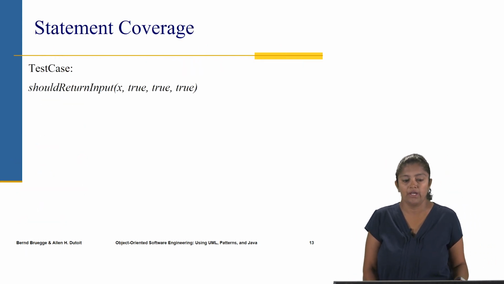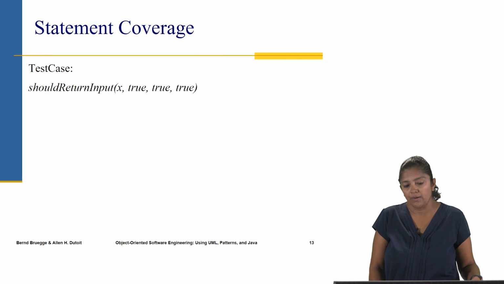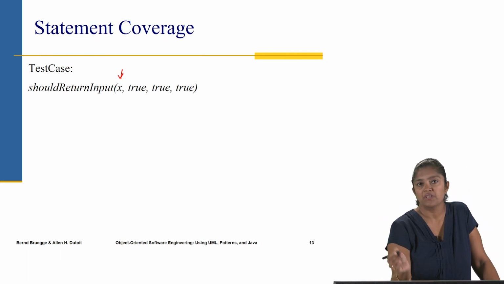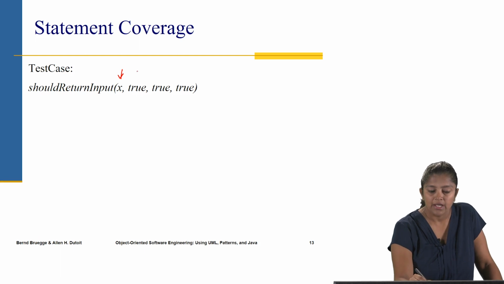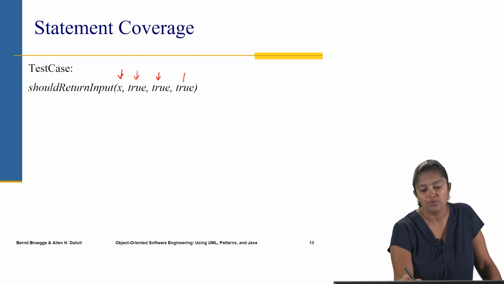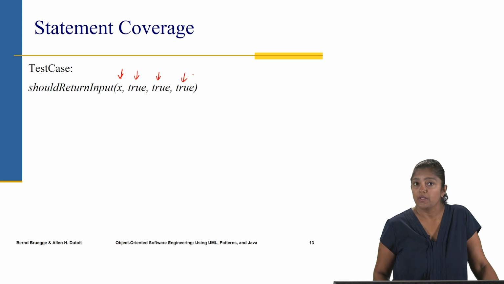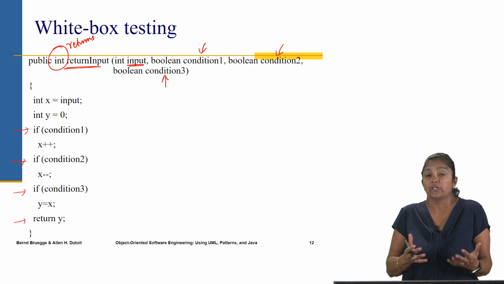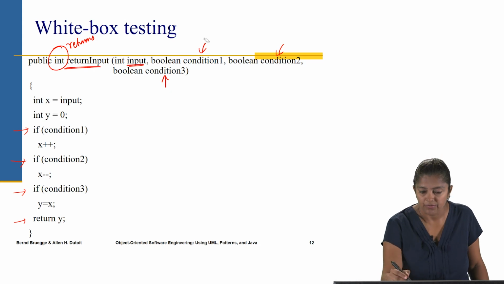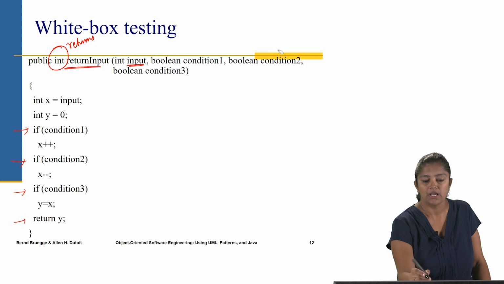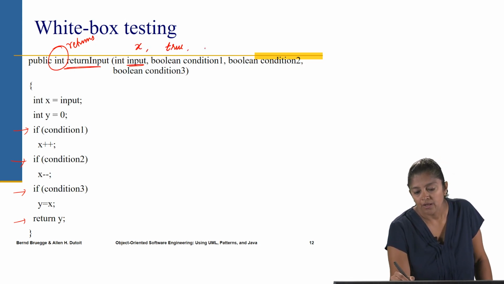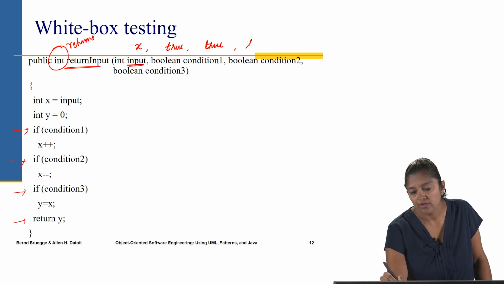Now say we have a test case wherein we are passing some integer x, and for the 3 conditions we're passing true, true, and true. Let's go back to this method and see what kind of coverage we will achieve. Our first test case is x, true, true, true.